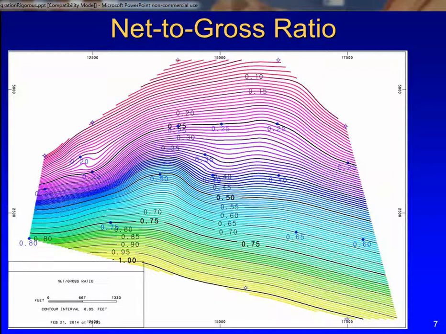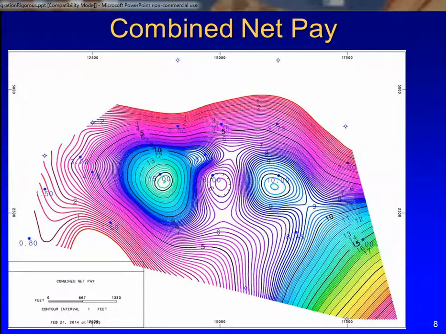Here's net to gross ratio, which is lower on the outer arm of the channel and higher on the inner arm of the channel. If we take and map the product of those two, the combined net pay looks like this, and the edge of the channel is not congruent with the actual edge of the channel.